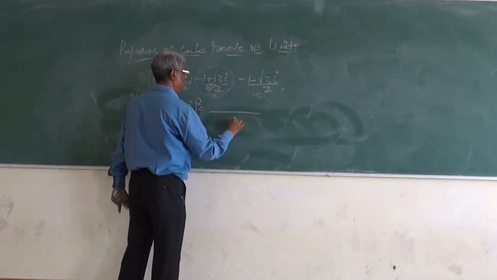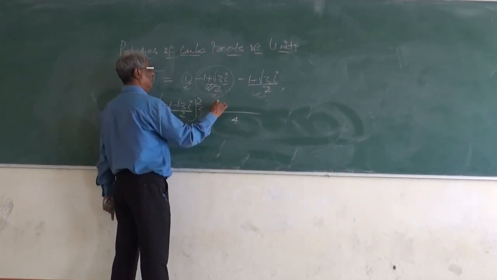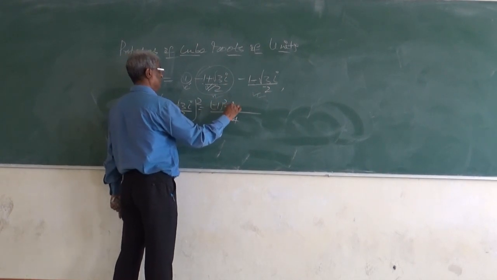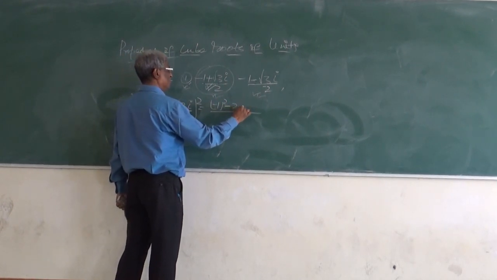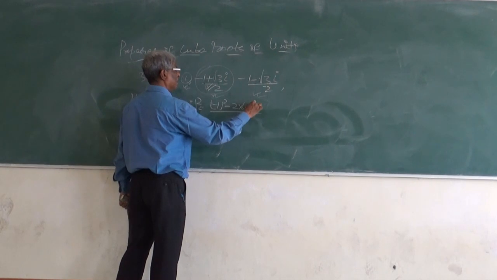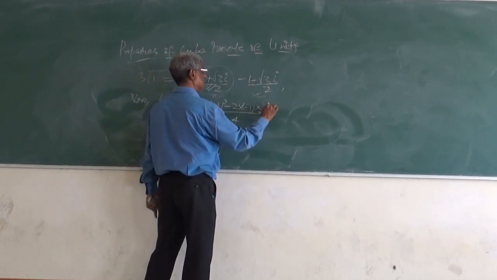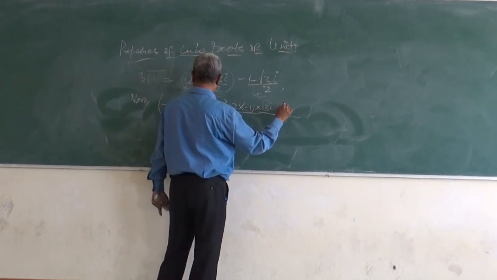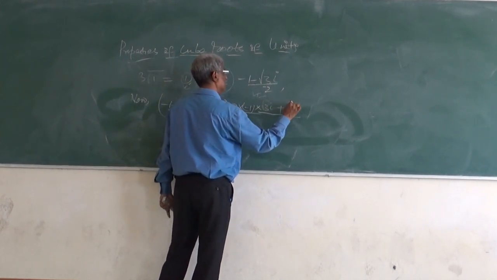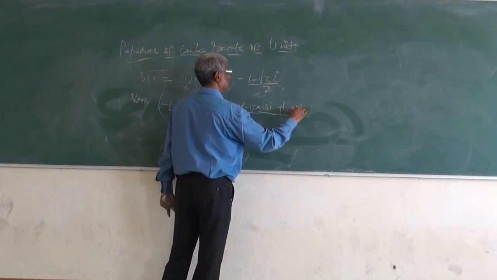Again the denominator will be 4, and the numerator is a square minus 2ab plus b square.